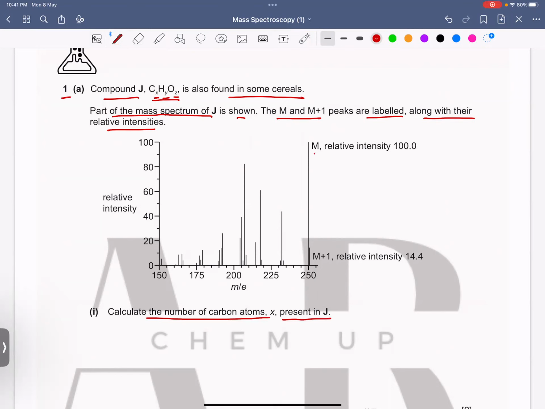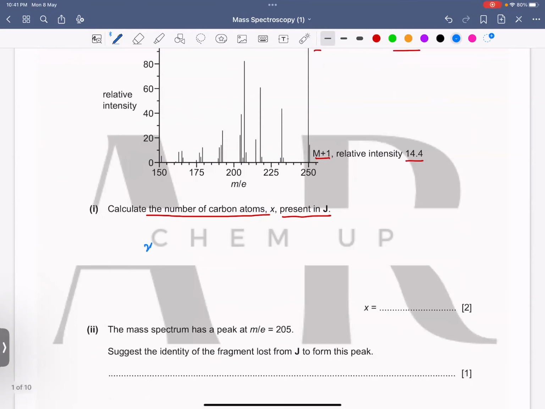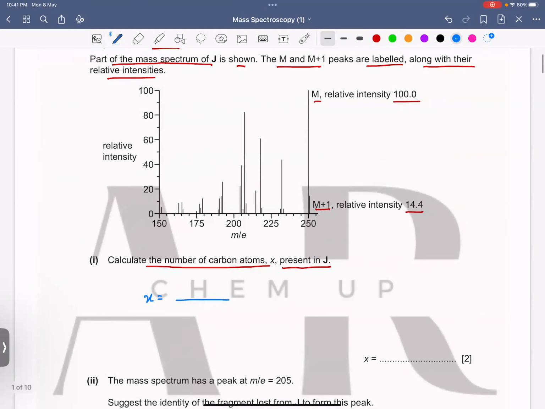So here we have the M peak and its relative intensity is 100. And here we have an M plus 1 peak and its relative intensity is 14.4, right? So if you recall, the formula for the number of carbon atoms x is 100 upon 1.1 times the abundance of M plus 1 peak divided by the abundance of M peak.